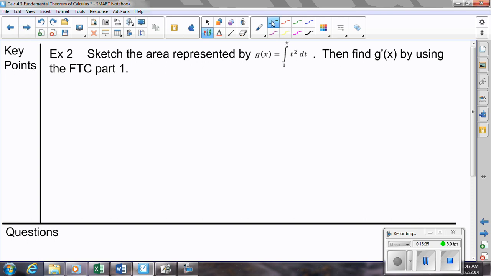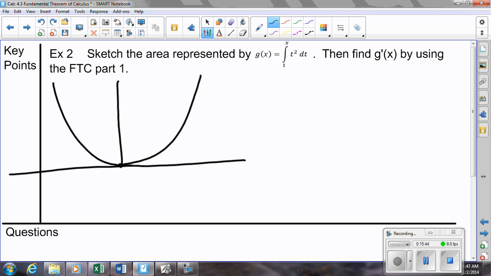So, what does this look like? Sketch the area. Well, we'll have to start with our graph of t squared. Okay, this is t squared coming from right here. And we want the area from 1, okay, at x equals 1, over to the bound of x, understanding, of course, that this is a piece that could change.